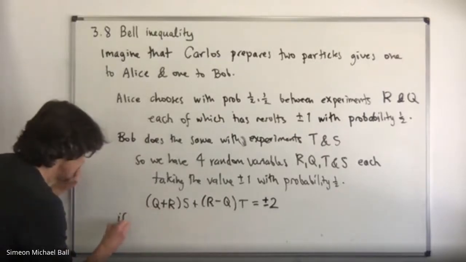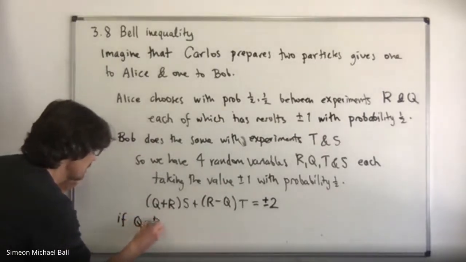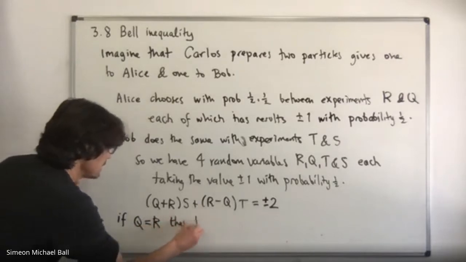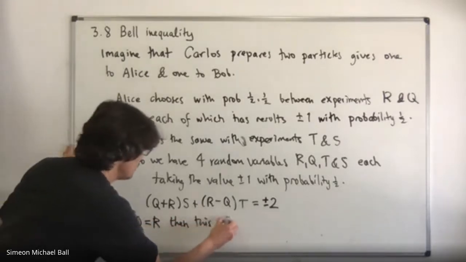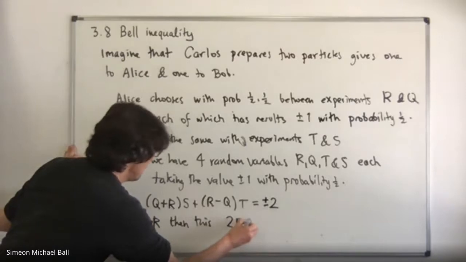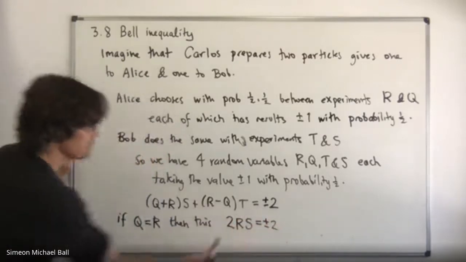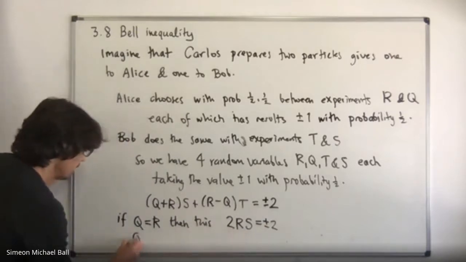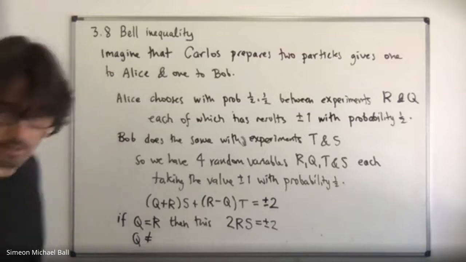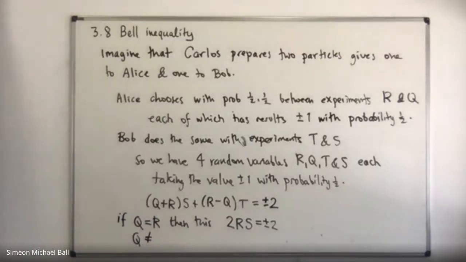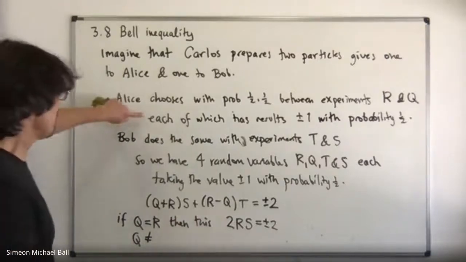So if Q is equal to R, then this is 2RS, which is equal to plus or minus 2, obviously, because this is plus or minus 1, this is plus or minus 1. And if Q is equal to minus R, obviously, so this is going to be 1 plus or minus 1.